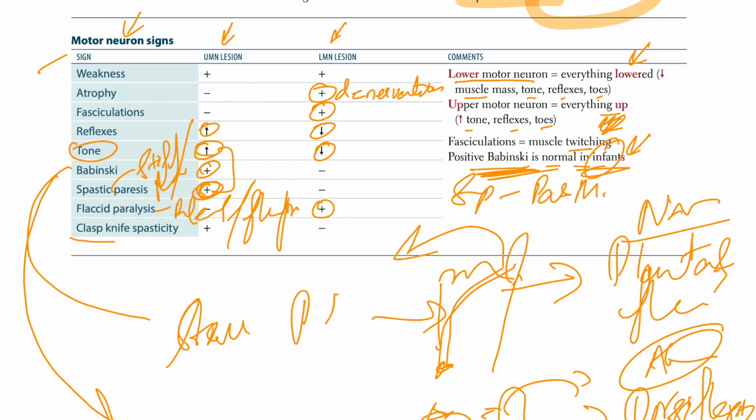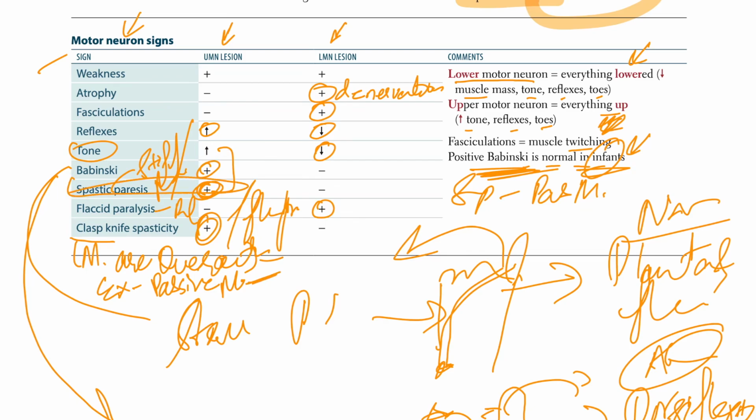Now, clasp knife spasticity is simple: the muscles are overactive. It's seen with the upper motor neuron lesion. For example, if you have a passive movement, there's an initial resistance because, again, you have an increase in tone, spastic paresis. But after the initial resistance, there's a sudden release.